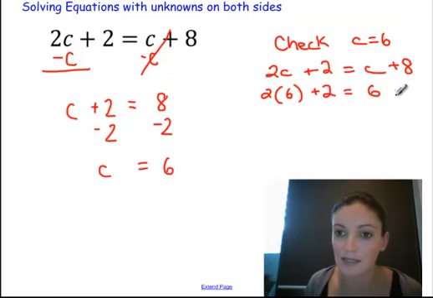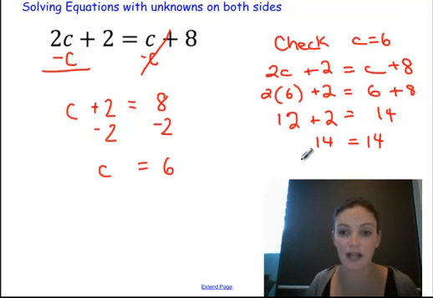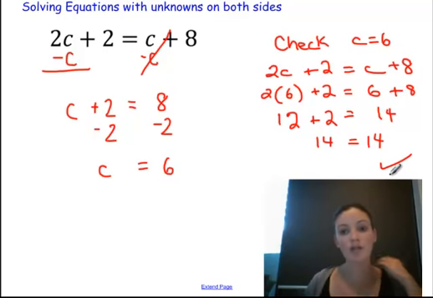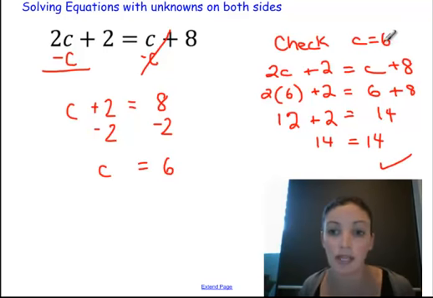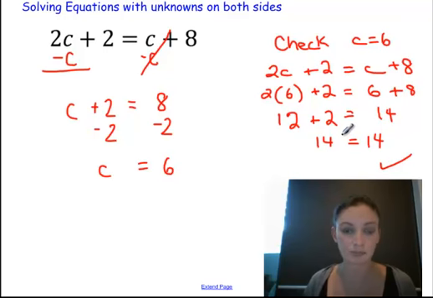So 2 times 6 is 12, plus 2, is equal to 6 plus 8, which is 14, and 12 plus 2 is 14. And so I've got now the left-hand side of the equation equal to the right-hand side, so that means I've done that correctly. Okay, for the rest of them, we're not going to go through the check bit, but I would expect that you're doing this when you do your exercises to make sure you've got the right answer.